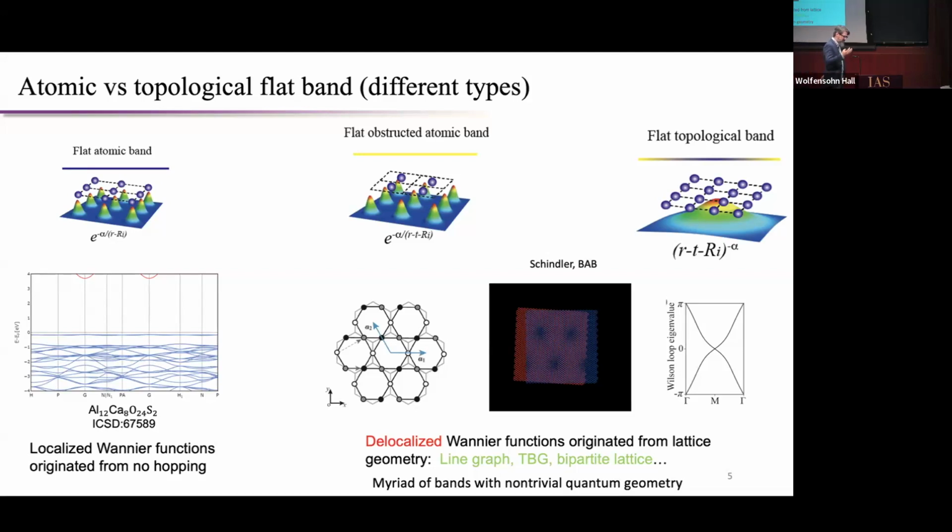You can make it exponentially localized up to some range, but then you have power law decays in the wave functions, and depending on the topology of the band, you can have different powers, etc. But you have power laws in the wave function, which basically make the band not be localized.